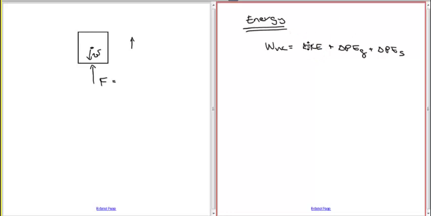And you can simplify these things depending upon what's happening. If there's no elevation change, you can get rid of this. If there's no spring involved, you can get rid of that. If the velocity at the beginning and the end is the same, maybe 0, then you can get rid of that. If there's no friction, then you can get rid of that.